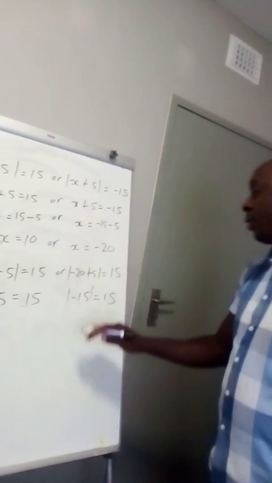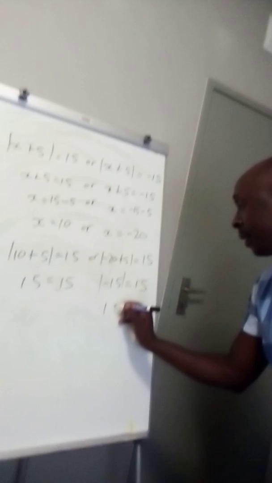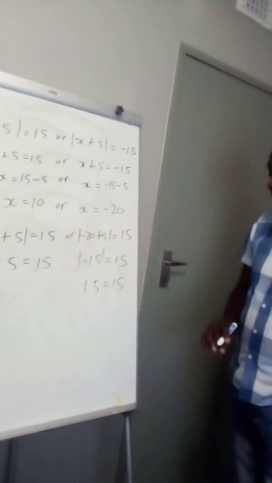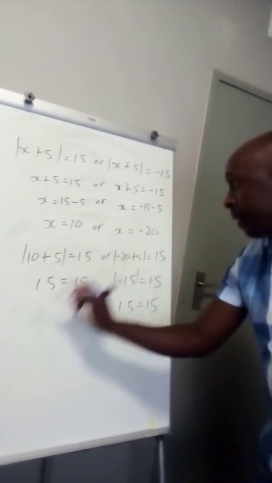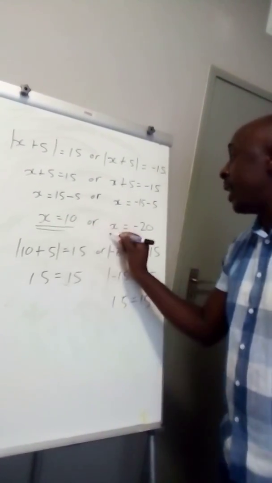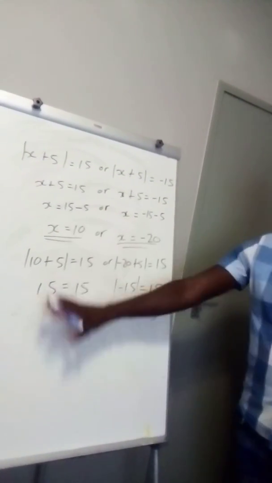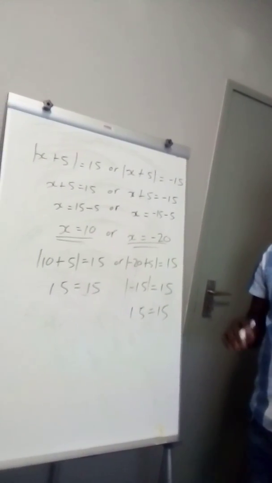So this is how we evaluate, which is 15 is equal to 15 since it's absolute value. Okay, there you go. So this was just a proof, but our solutions are these. This was just a proof. This is how you deal with absolute value.